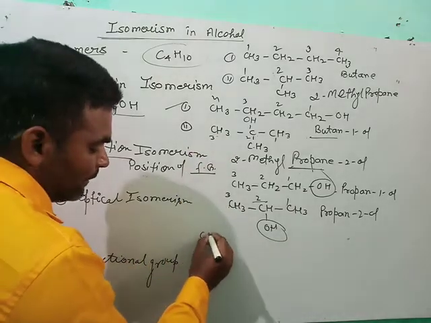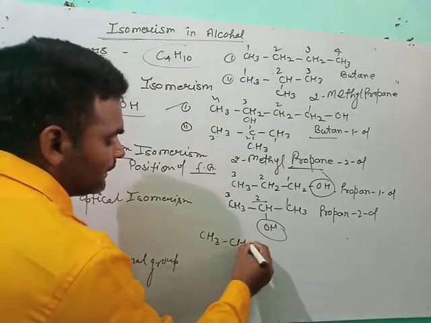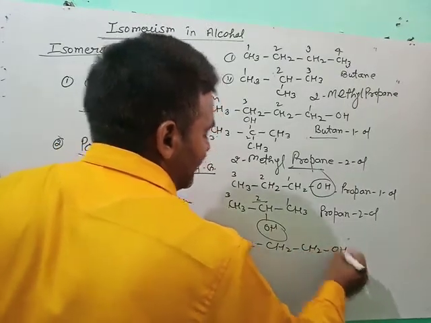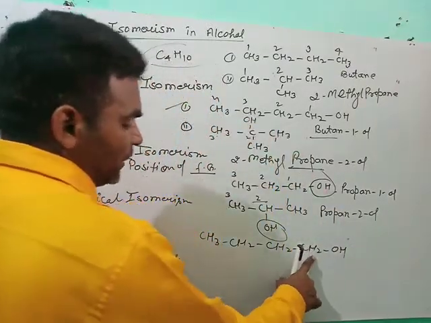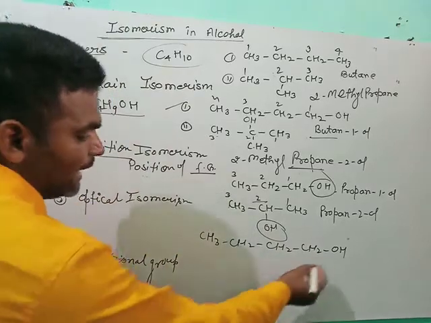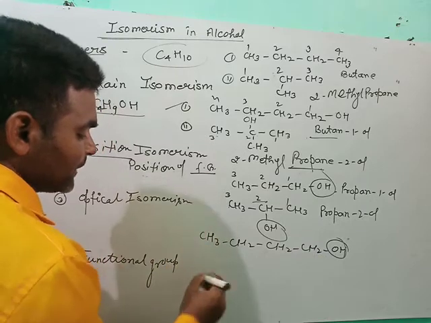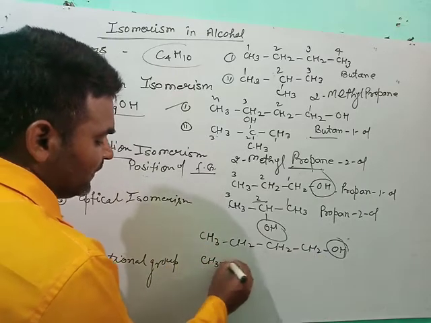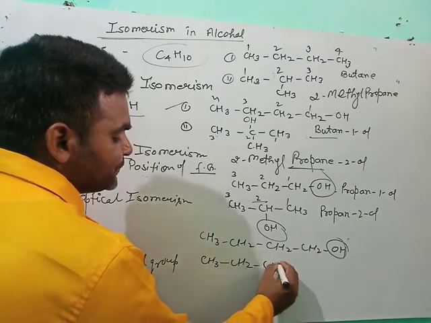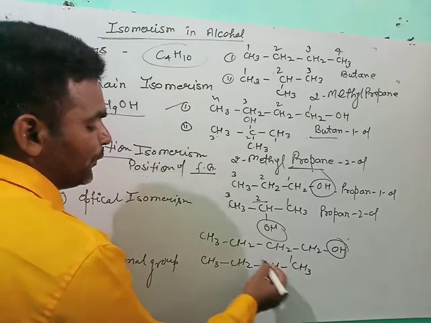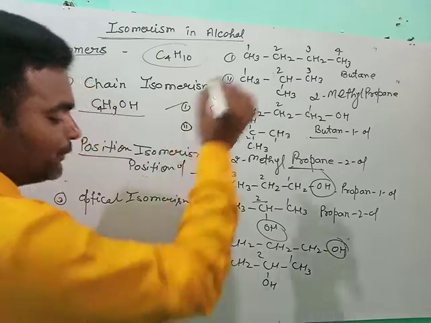In this example, we can also define position isomerism. We take the example of butan-1-ol, CH3, CH2, CH2, CH2 and OH. This is butane 1-ol. And if we change the position of OH from first to second carbon, we have CH3, CH2, CH, CH3 and OH, 1, 2, 3 and 4.